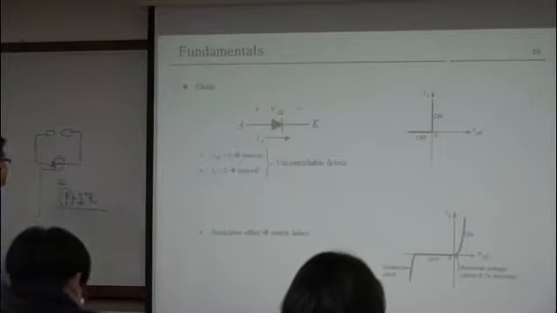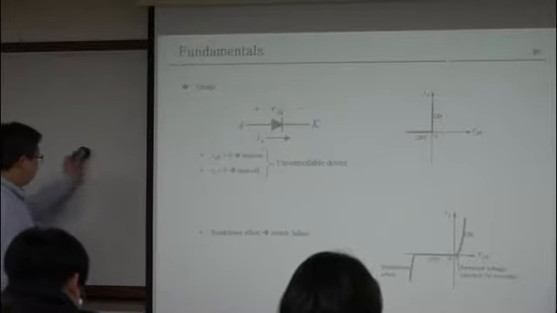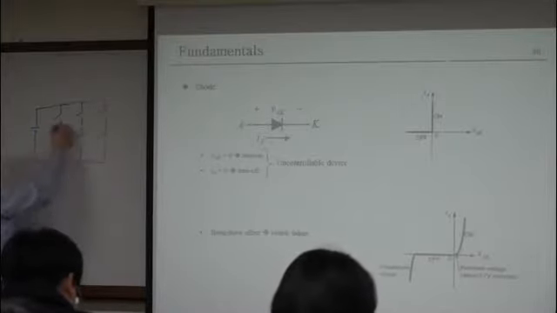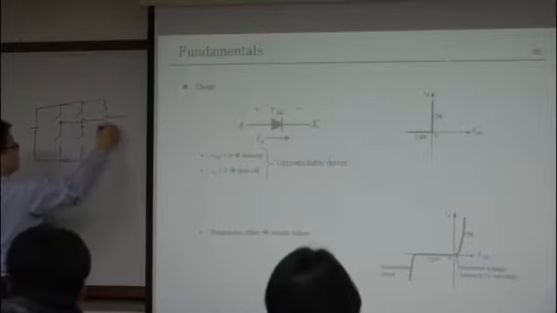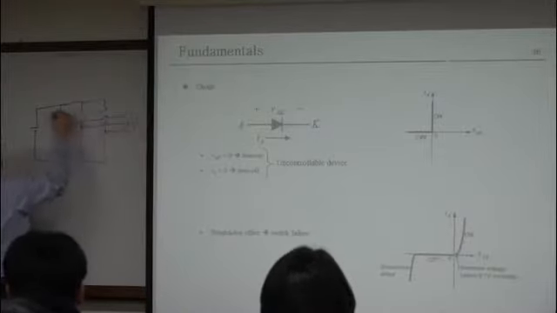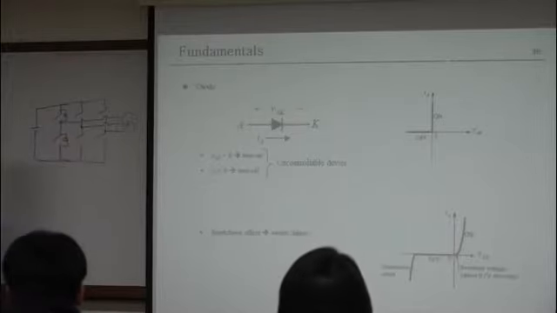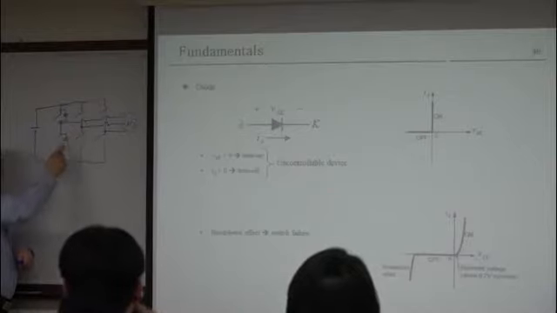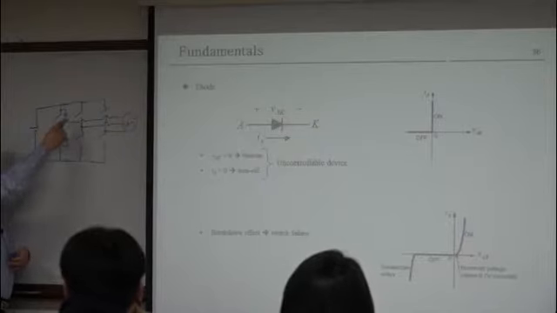For example, again, we can derive the inverter like this. And usually you have the diode here. If you use a very slow diode here, then your circuit can easily catch fire because of the diode.